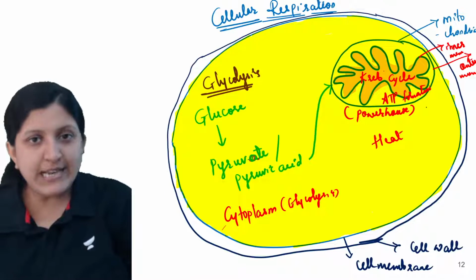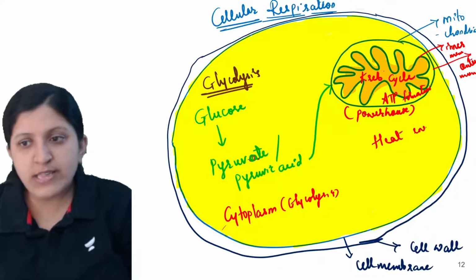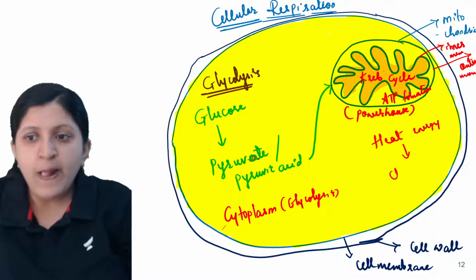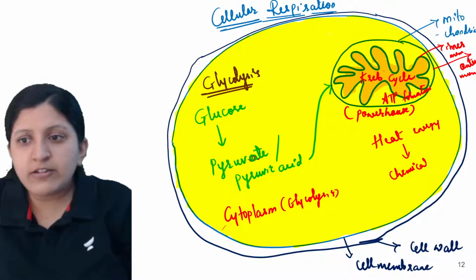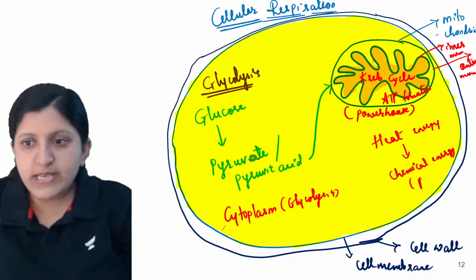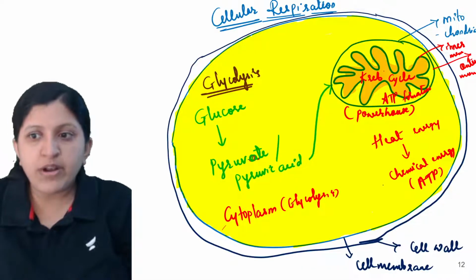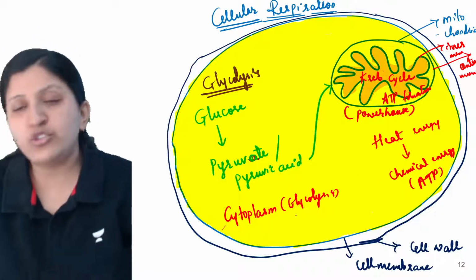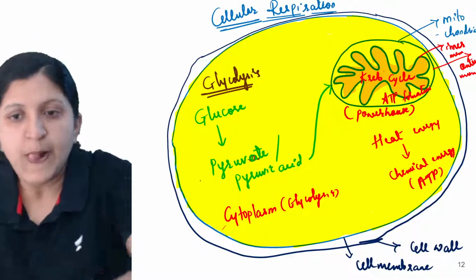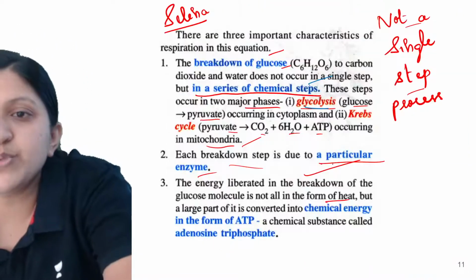Heat energy is formed, but later the energy is converted into chemical energy, and that chemical energy is nothing but ATP. So there is ATP formation that you can see over there. So this is heat energy to chemical energy formation.